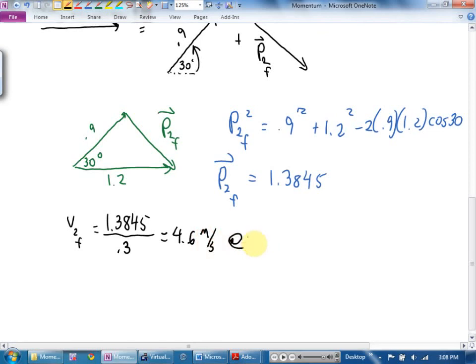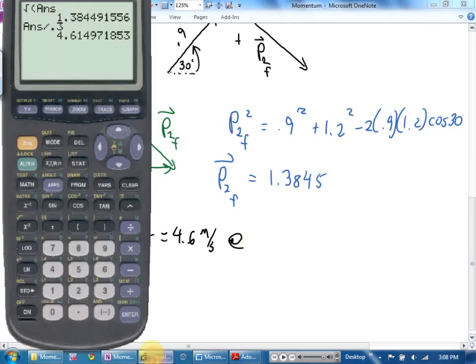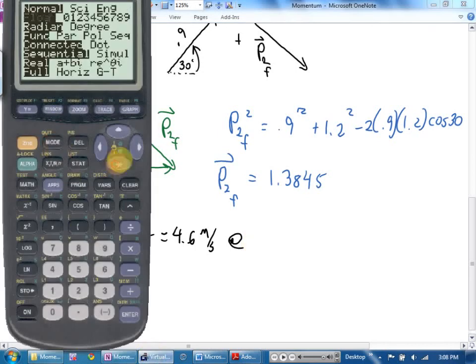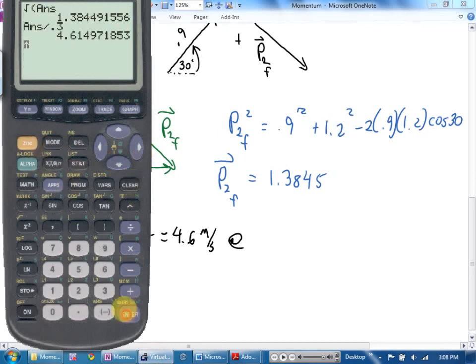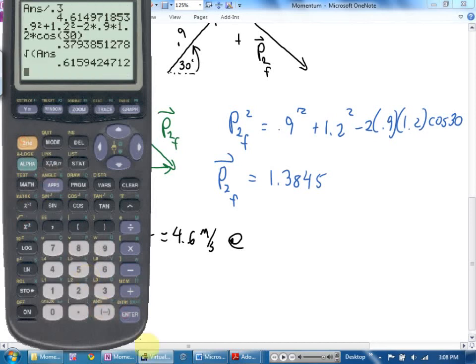Now, sorry? Oh, am I way off in radians? Oh, don't do that. I am in radians. Someone should have spoken up. How about you get this? You get 0.6159? Ah.